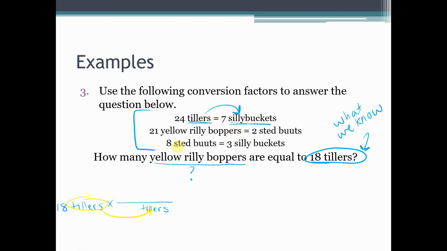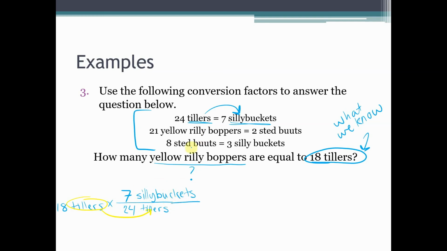So that's the unit we're going to put in the top of our fraction, our silly buckets. In this case, we don't have to have anything memorized. We are told that our statement of equality is 24 tillers are equal to 7 silly buckets. That means to fill in our numbers, we will say 7 silly buckets over 24 tillers. We're just going to use the numbers they gave us.